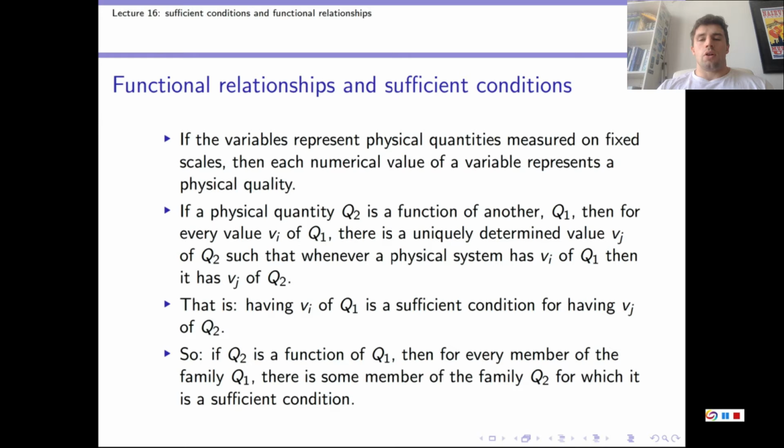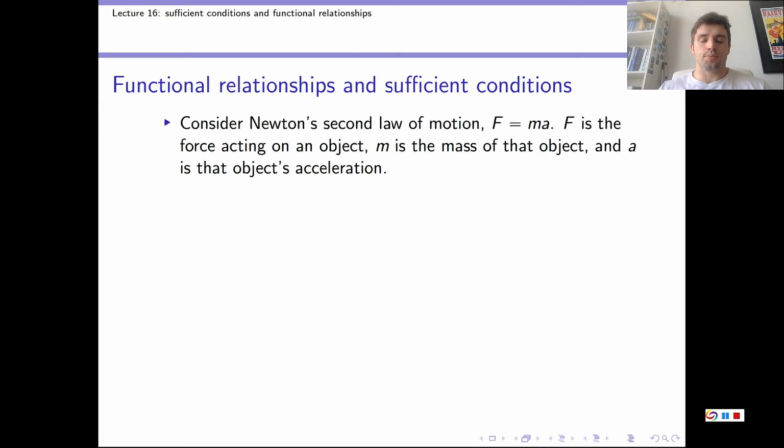Now, we've seen a lot of abstract notation on this slide, so let's look at an example that illustrates all of this. Consider Newton's second law of motion, F equals ma. Here F is the force acting on an object, m is the object's mass, and a is the object's acceleration.